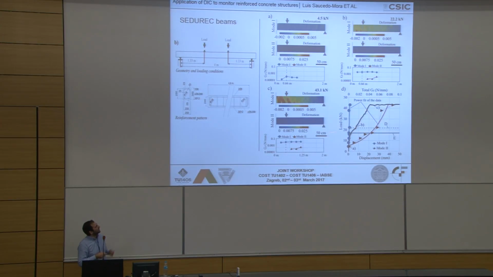So again, this is giving some hope, some clues to say that with further research and further applications, we can find some threshold that can give us the state of the structure, measuring this energy release rate with DIC.